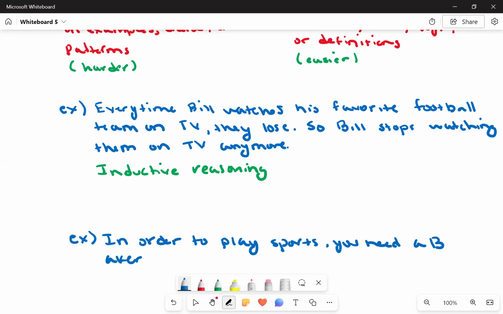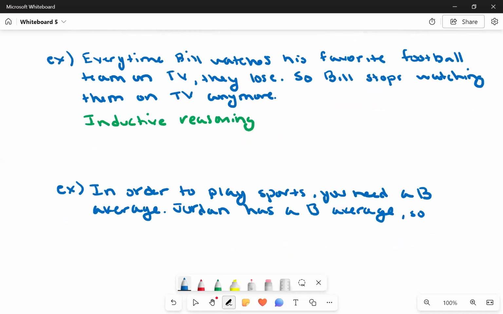Jordan has a B average, so she concludes she can play sports.